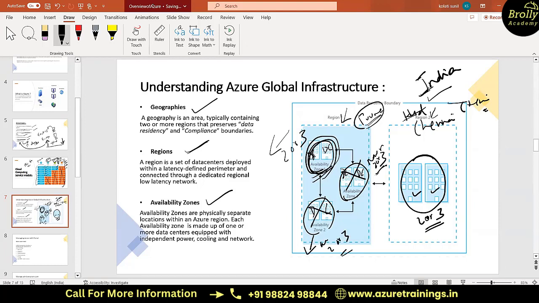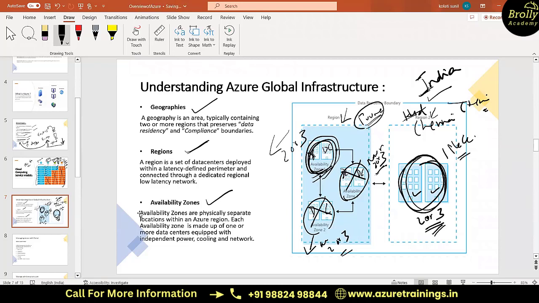But coming to Chennai, they have only one place, either central or north or south. We are not sure where the data center is located, but it is located at only one place. That's the reason they are not calling it an availability zone.